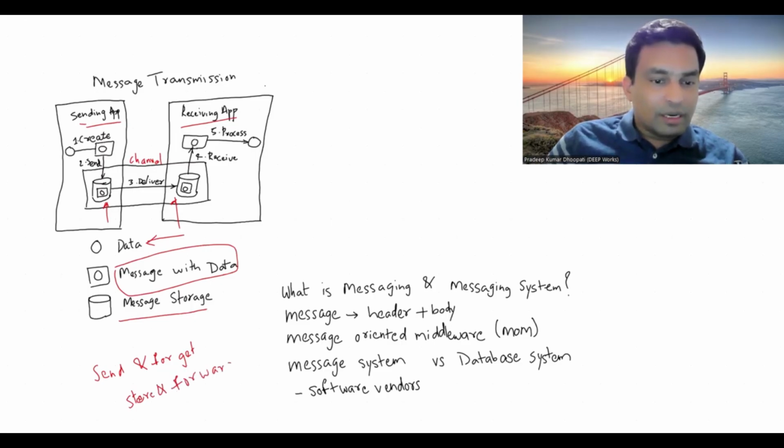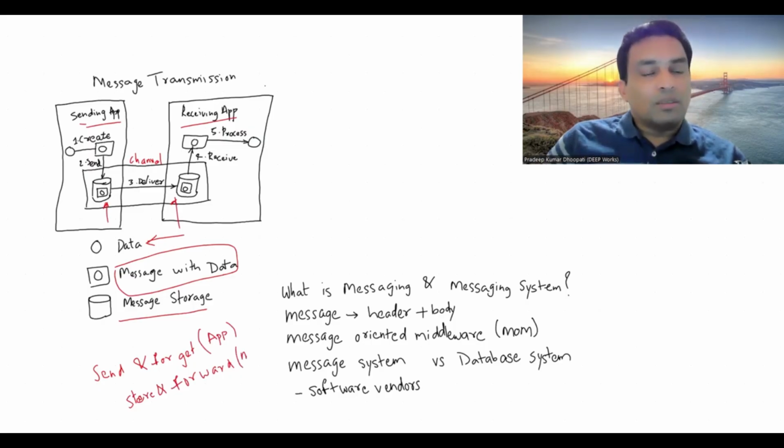Send and forget is the concept which is followed by the app, and store and forward is the concept which is followed by the messaging system. Send and forget is about the sending app sending the message to the message channel and forgetting about it and going on to other work. Basically, this is how the asynchronous communication happens.